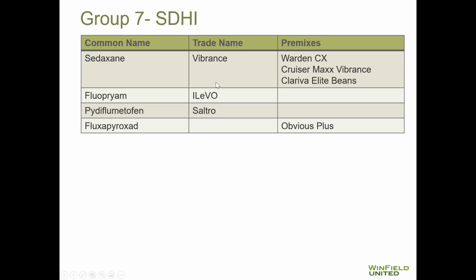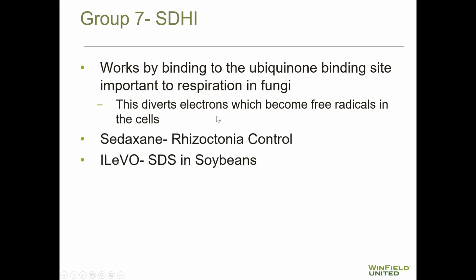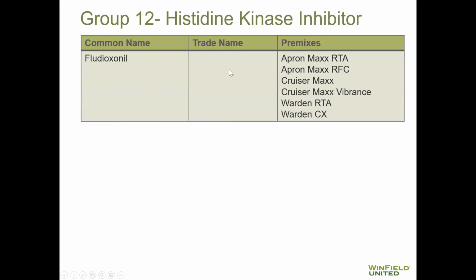Okay, but definitely the Alivo, if you have SCN, is probably going to be the way to go until we figure out on the Saltro side whether we have really good activity on the SCN as well. Okay, very similar to what we talked about last week, binds to that ubiquinone binding site. Okay, another one, you don't see this very often in the fungicide world, but we do see it in seed treatment.